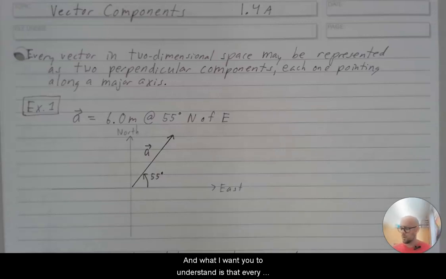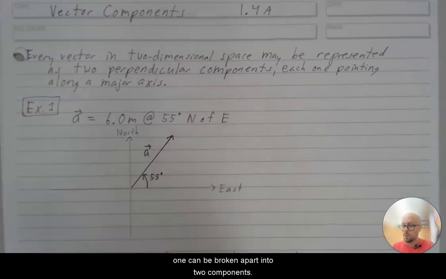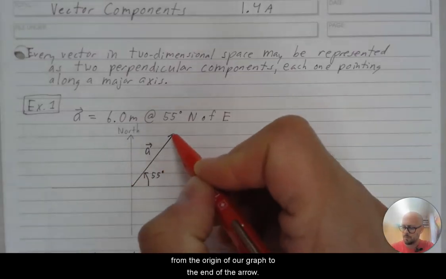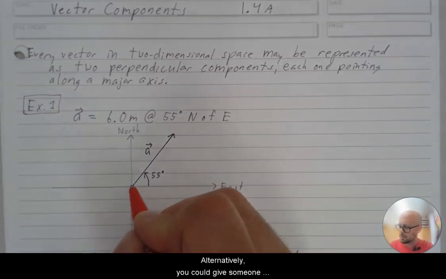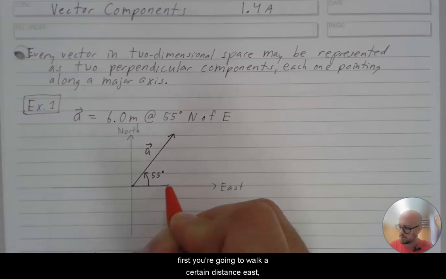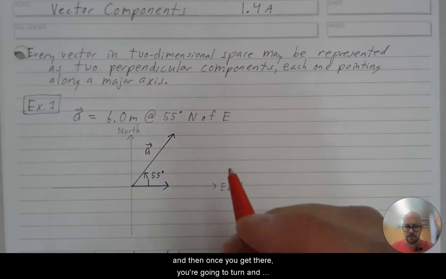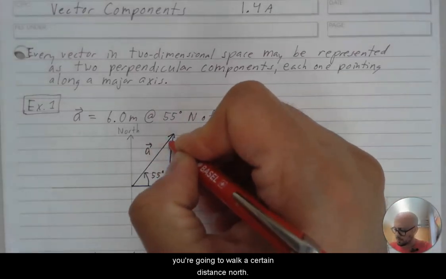What I want you to understand is that every vector in our world of AP Physics 1 can be broken apart into 2 components. Just imagine that you're walking this straight path from the origin of our graph to the end of the arrow. Alternatively, you could give someone instructions that say, first you're going to walk a certain distance east, and then once you get there, you're going to turn and walk a certain distance north.